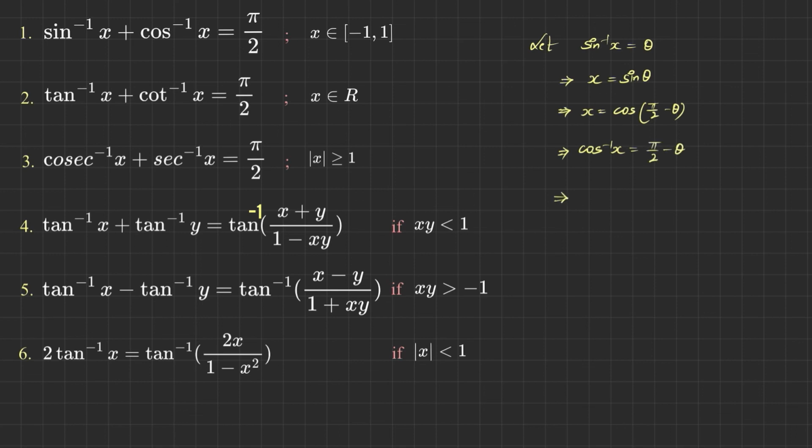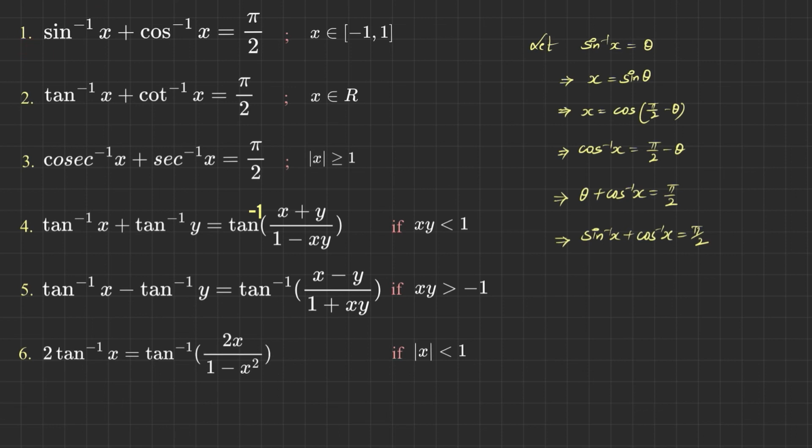Let us take this minus theta to the left hand side. So it will be theta plus cos inverse of x equals pi by 2. And since theta is sine inverse x, sine inverse of x plus cos inverse of x equals pi by 2, hence the result number 1.